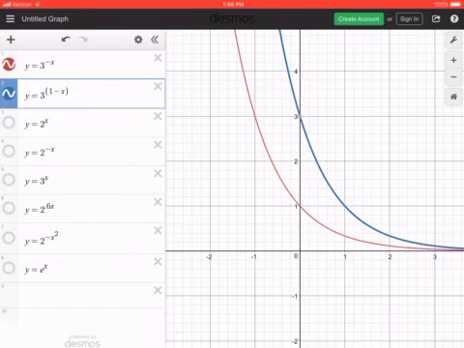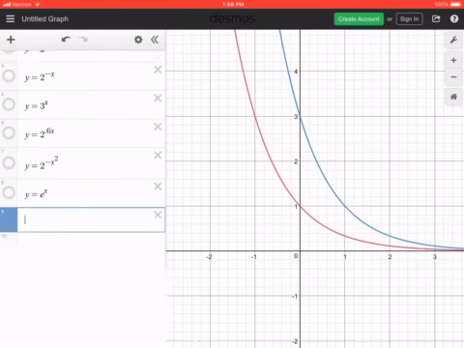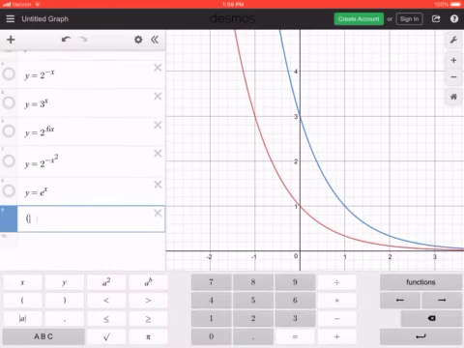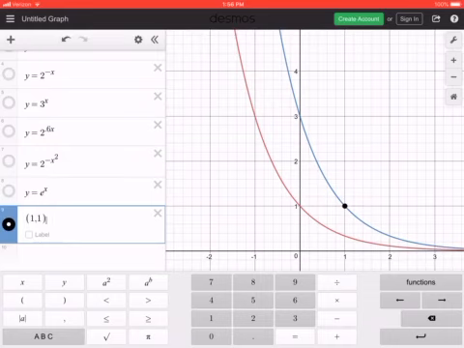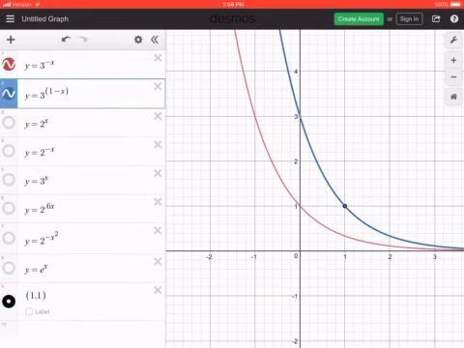So you can graph that point and also this one here, (0, 3). Right there, and that one. So that is how the two graphs will look. Both of them are decreasing because the exponent is negative.